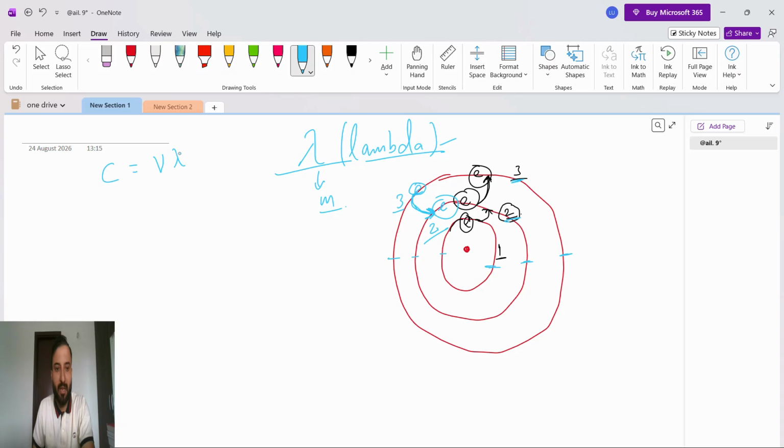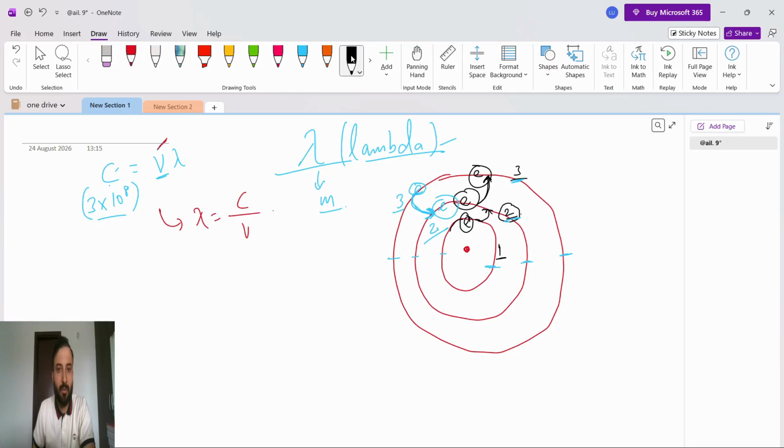So guys, what will happen in the examination? They will give the frequency, and we know the speed of light will remain fixed. It is not going to change, 3 into 10 to the power of 8 meter per second. So if they give the frequency, you have to find lambda. How will we write the formula? Frequency will go to this side, so lambda is equal to C by frequency.